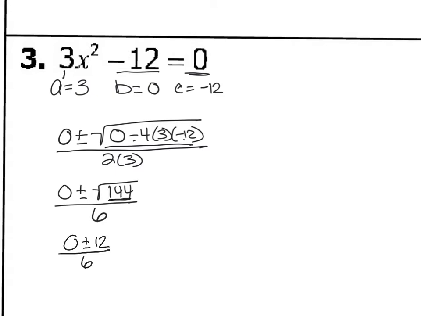You say, well, I got a positive, I should have two solutions, but I got 0 there. Well, it's still 0 plus 12 divided by 6 and 0 minus 12 divided by 6. So it's 2 and negative 2.